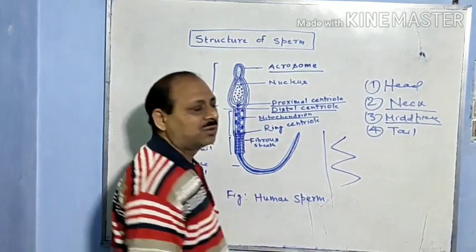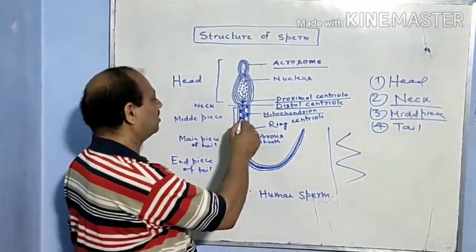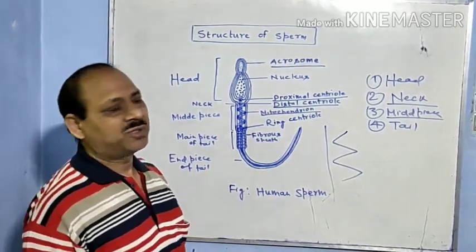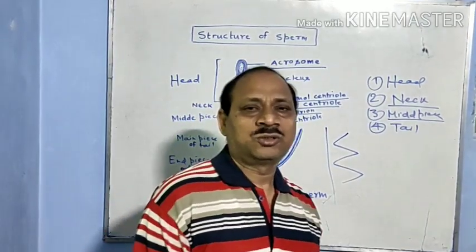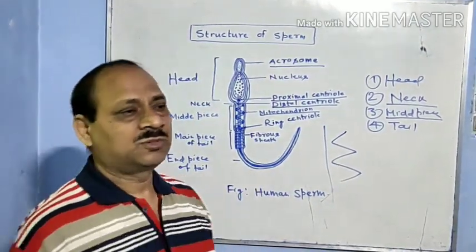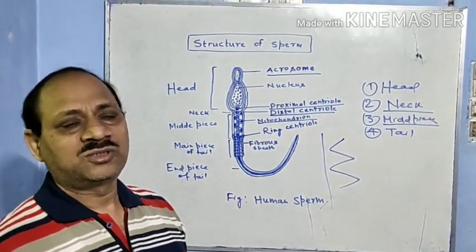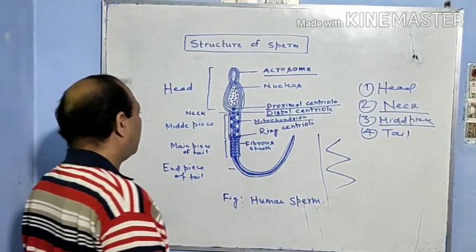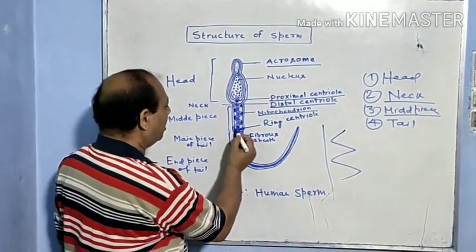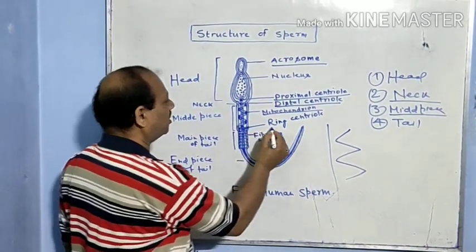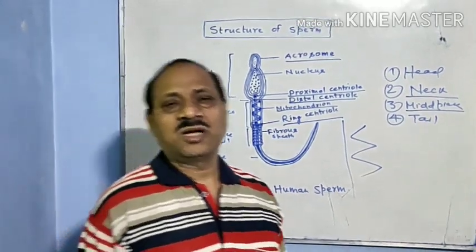This is mitochondrion and it coils around the axial filament. It provides energy to the sperm for movement or swim in semen. At the lower end of middle piece, a ring centriole is present. Its function is unknown.